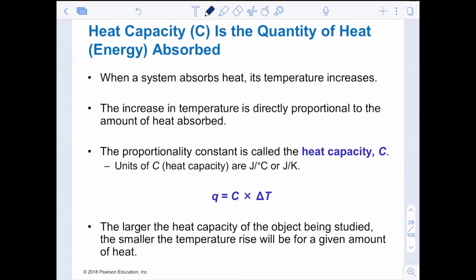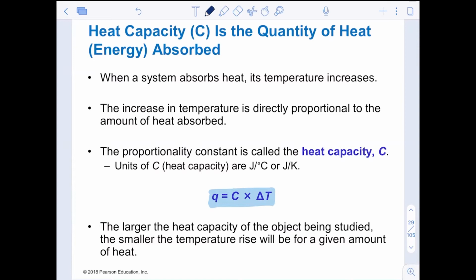Heat capacity is going to tell us how the temperature changes when we apply a certain amount of thermal energy or remove a certain amount of thermal energy. It's the conversion factor between Q and temperature. Specifically looking here, Q, heat, is equal to the heat capacity times the change in temperature.